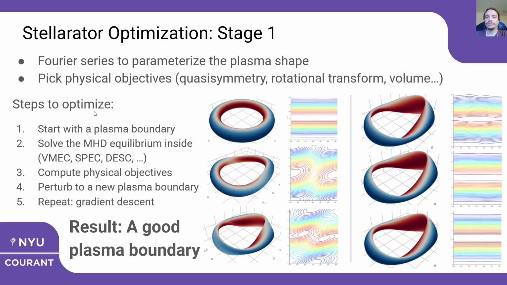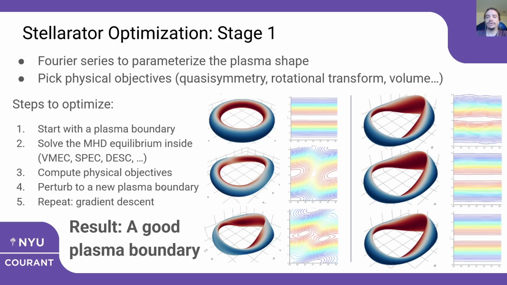Then we optimize. We start with some random plasma boundary, we solve the MHD equilibrium equation inside, numerically. There are a lot of different ways we can do this. There are codes like VMEC, SPEC, or DESC. Now that we have the solution, we know what B is, and so we can compute things like how quasi-symmetric is our stellarator, what's its rotational transform, and so on.